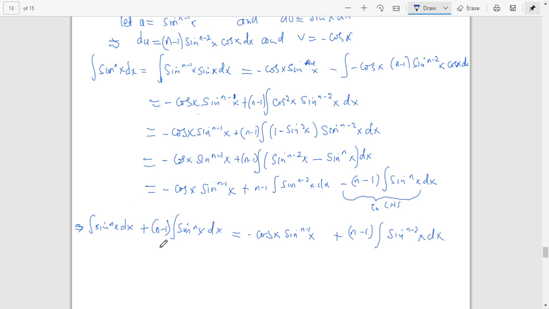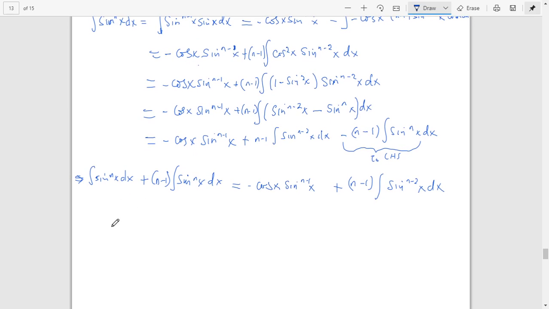Now over here, if I factor out the integral, I open a bracket with integral of sine to the power of n x dx. From here I get 1 as the factor, plus from here I get n minus 1. 1 plus n minus 1 is just going to give me n.